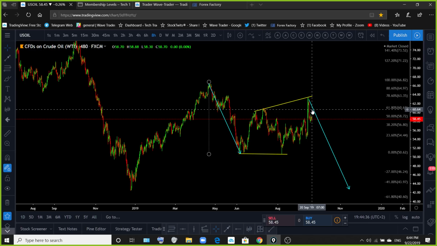Make sure you understand that there is a lot of oil supply in the market, and when the OPEC countries start to cut that off, then they're going to struggle, and the oil price is going to drop rather than going higher. So oil prices very much depend on how much supply they have in the market at the moment.